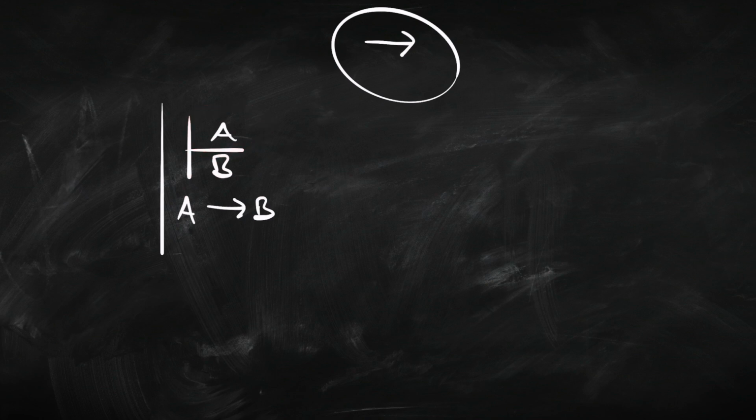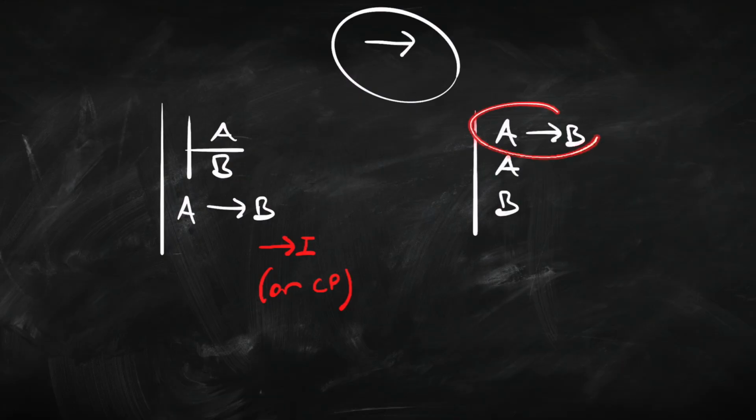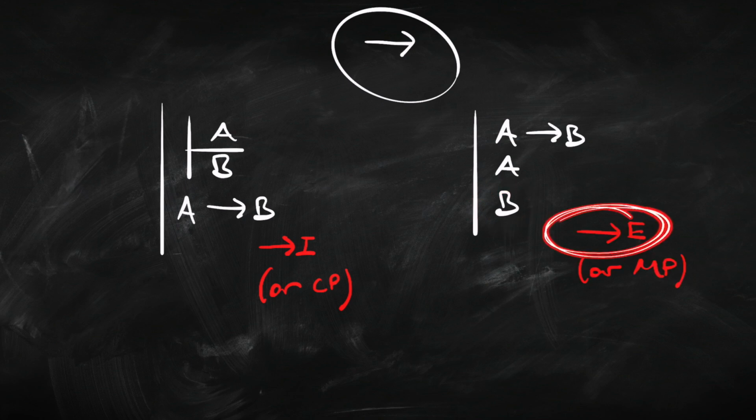Okay, so to reiterate that, we assume A, derive B, and then cancel that assumption and infer if A then B. That is the introduction rule for the arrow, or it's also known as conditional proof. The elimination rule for the arrow, we've already met that too. If we have premises if A then B and also A, we can infer B. That one's modus ponens, okay? So we can either call it the arrow elimination rule or we can call it modus ponens.